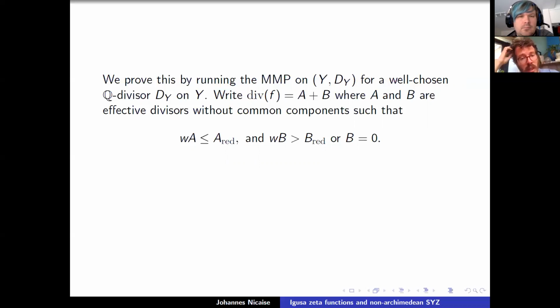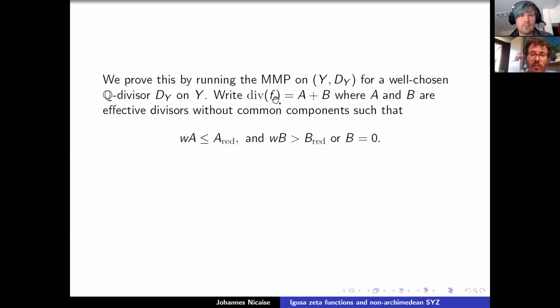The ones that go in A are the ones for which W·A is bounded by A_red. So A_red is just the divisor A where we put all the coefficients equal to 1.